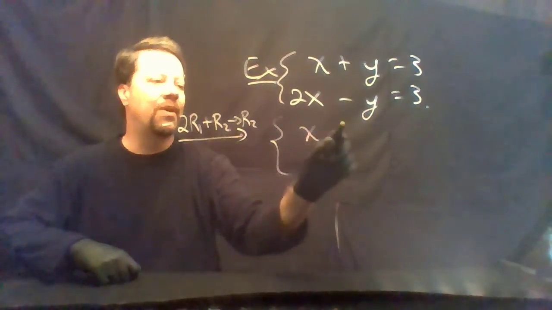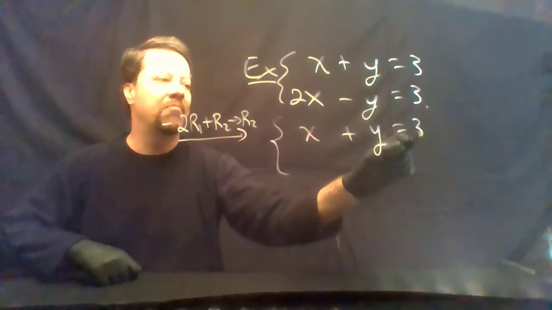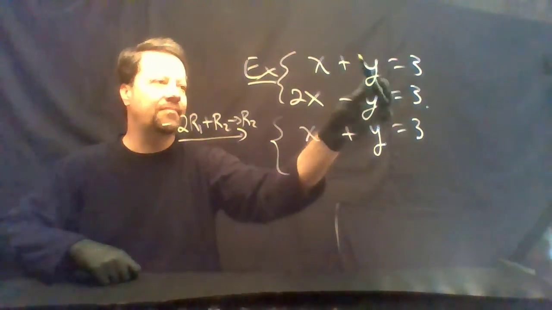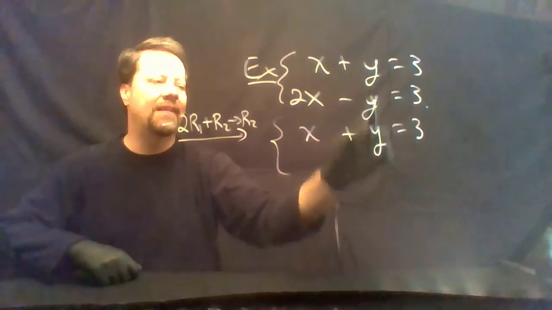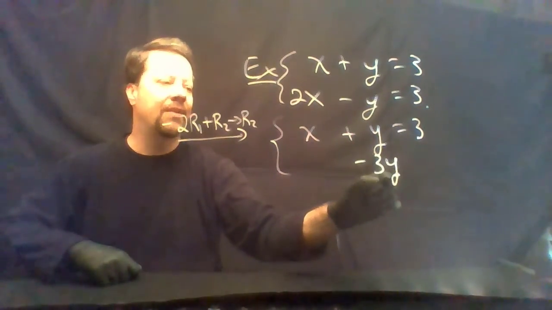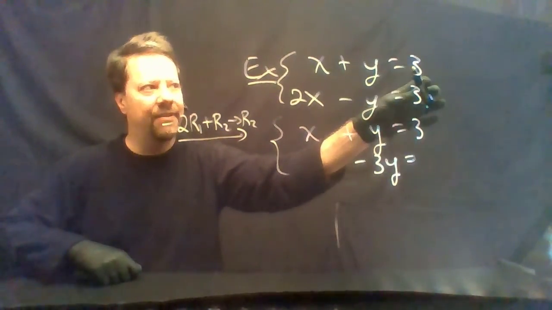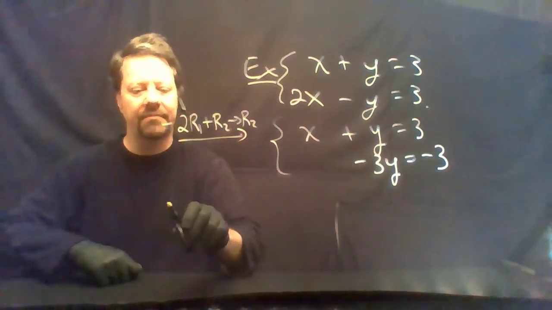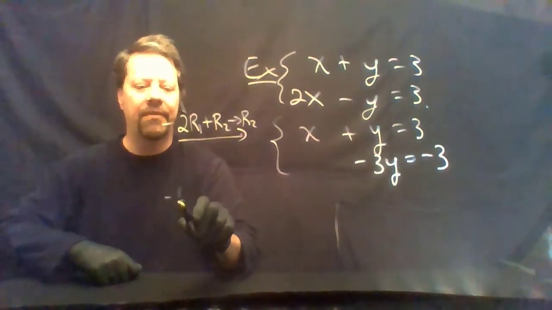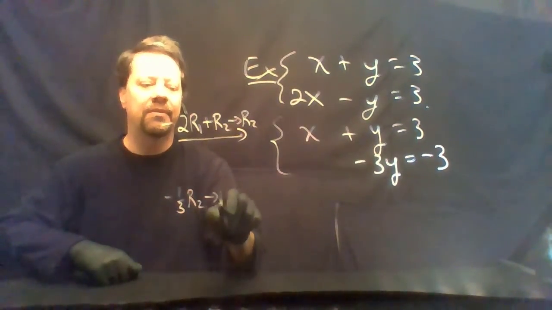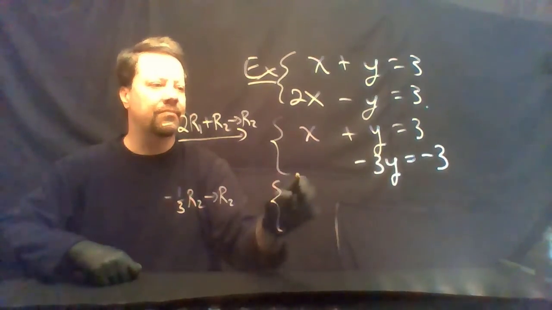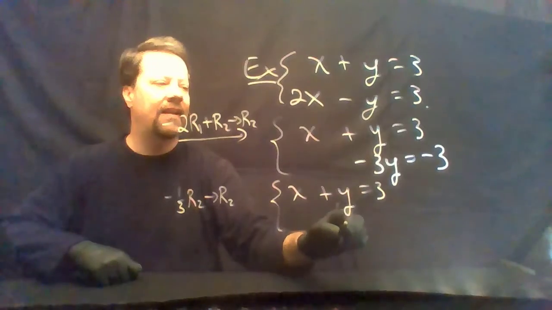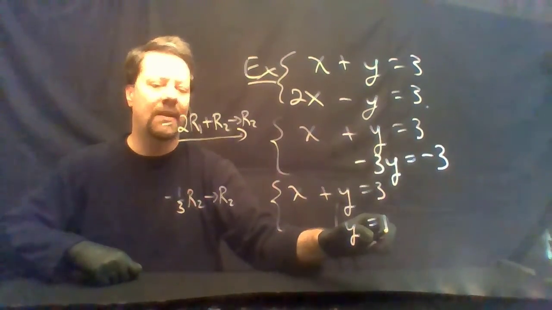The first row stays the same. -2 times x plus 2x gives you 0x. -2 times y plus -y gives you -3y. -2 times 3 is -6, plus 3 is -3. We'll then take -1/3 times row 2 to yield a new row 2. We'll have x plus y equals 3, and then y equals 1.